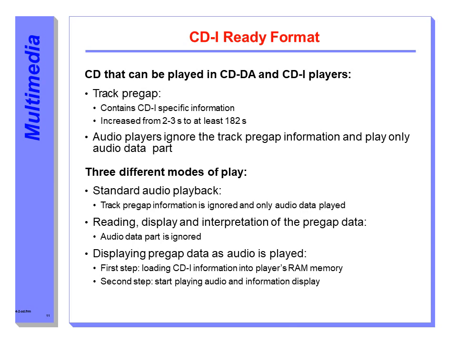The first one is standard audio playback, usually CDDA playback, in which the CDI information in the track pregap is ignored and only audio will be played. The second one reads only the CDI data in the track pregap.